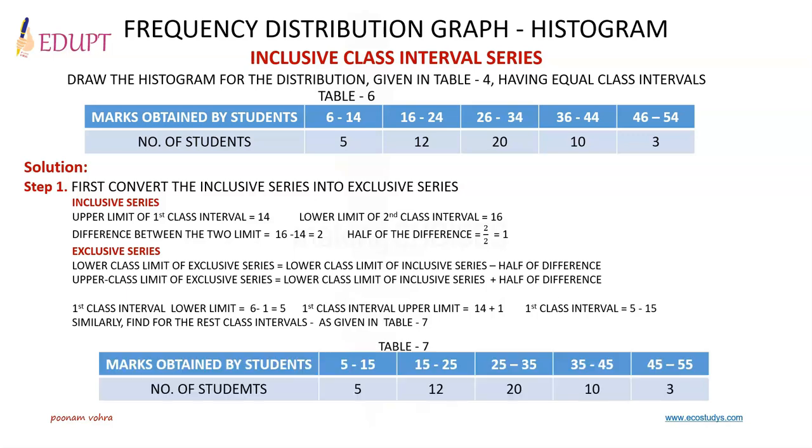Marks obtained by students then become class intervals like 5 to 15, 15 to 25, 25 to 35, 35 to 45, 45 to 55, and number of students as it is, the frequencies 5, 12, 20, 10 and 3.